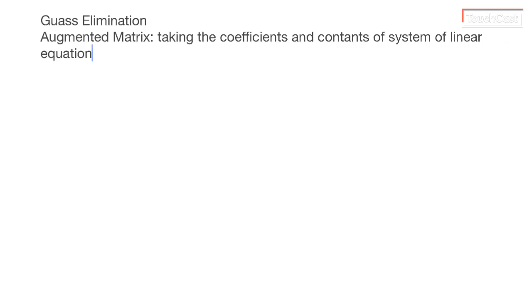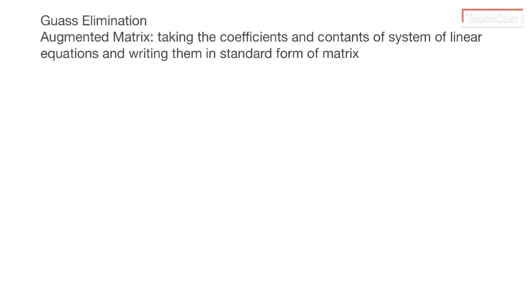An augmented matrix is simply taking the coefficients and constants of a system of linear equations and writing them in standard form of a matrix.